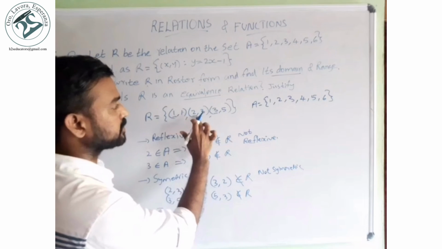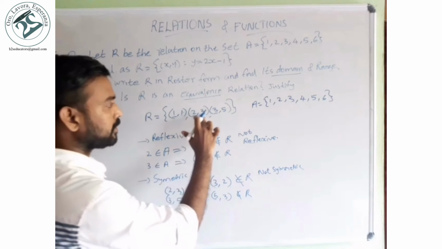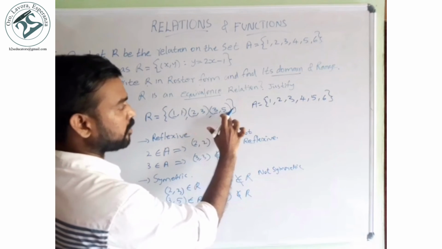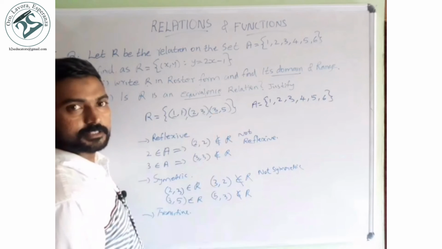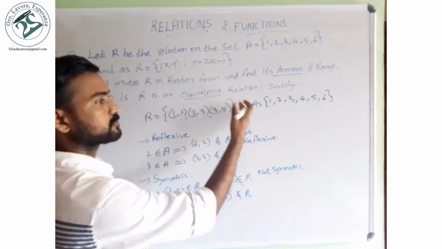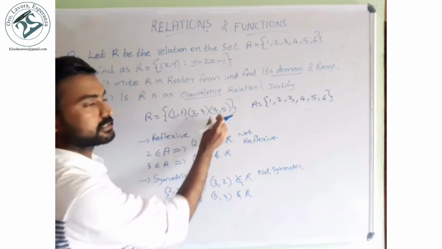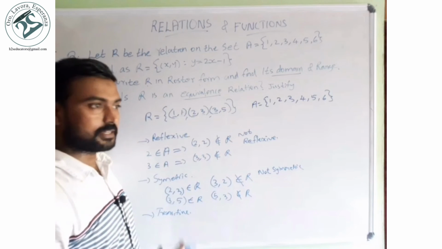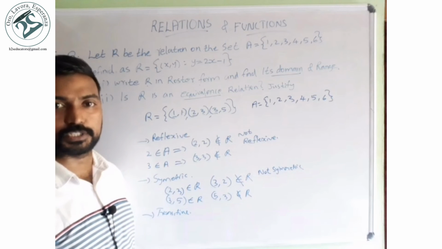Anywhere it starts with 1, we can check it, but it is not starting. Here (2, 3) is there. Here (3, 5) is there. So here it ends with 3. Here it starts with 3. In such cases, it is transferring. That means the y value is transferred, here it is the x value. In such cases we are going to check transitivity. Other cases it is not required to check.